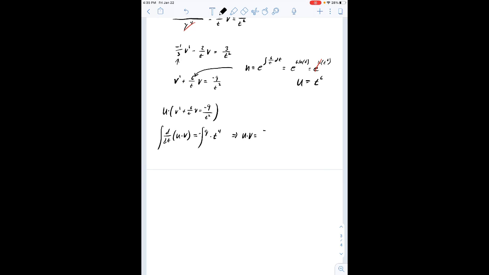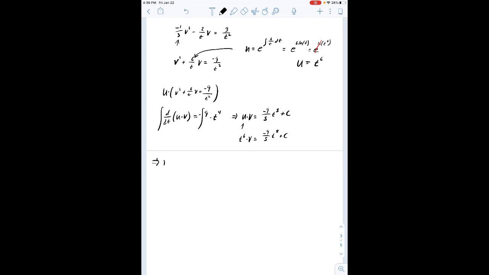So now I have -9/5 t to the 5th, and this time I do have to add a constant because we're doing an indefinite integral. So plus a constant, and now I can substitute back in for u. So this is going to be t to the 6th times v, equals -9/5 t to the 5th plus c.